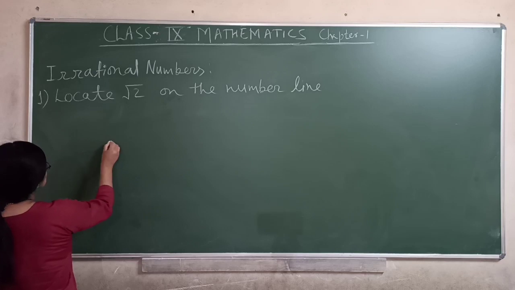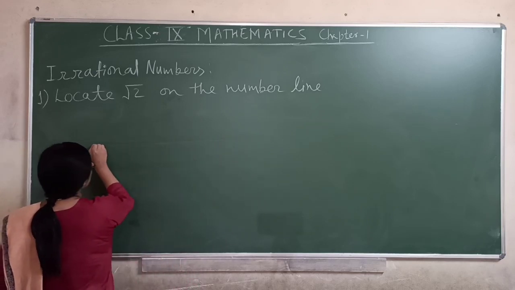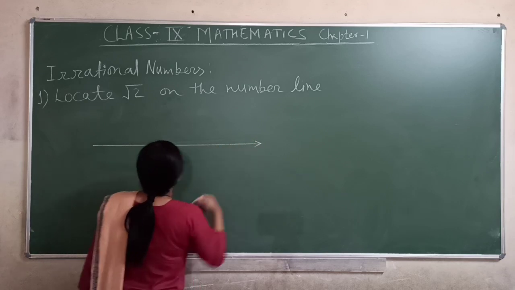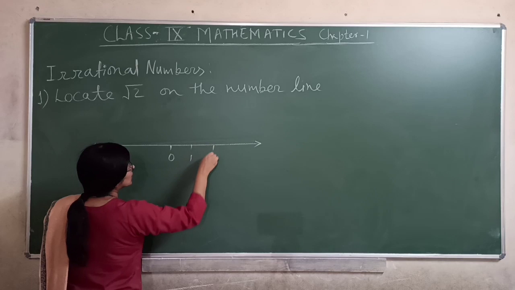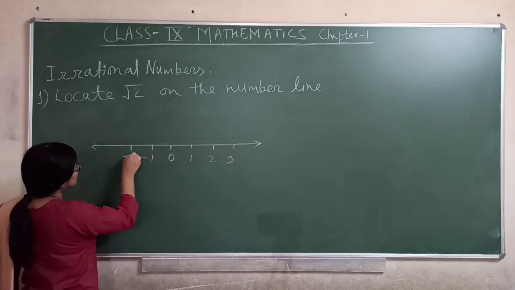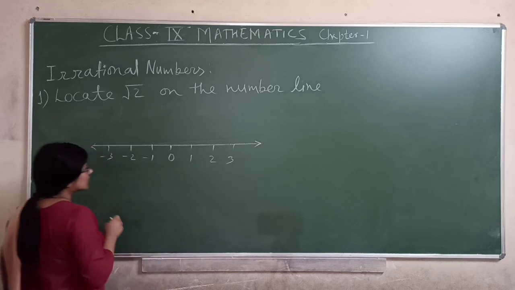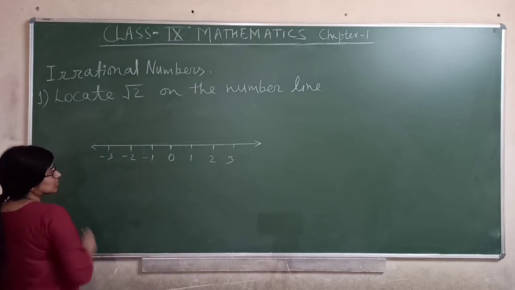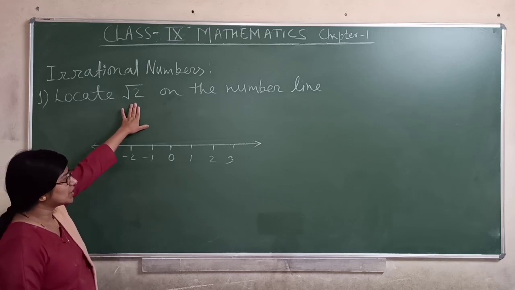So first we will draw a number line. Here 0, 1, 2, 3, and this side minus 1, minus 2, minus 3. This side we will show positive numbers and this side negative numbers. Now you have to represent root 2 on the number line.